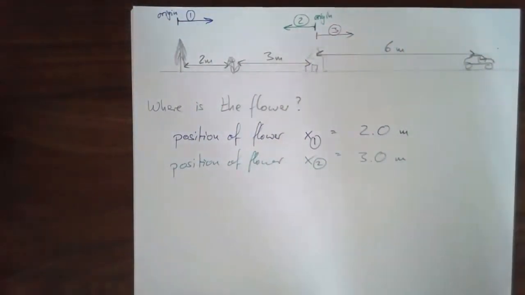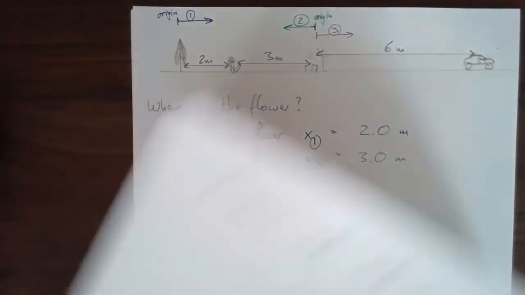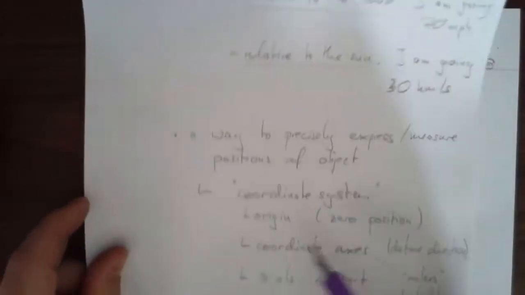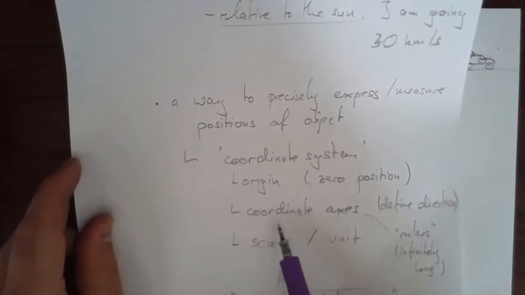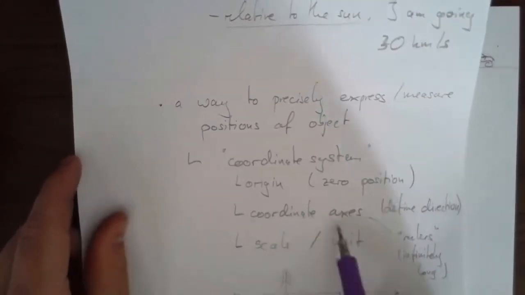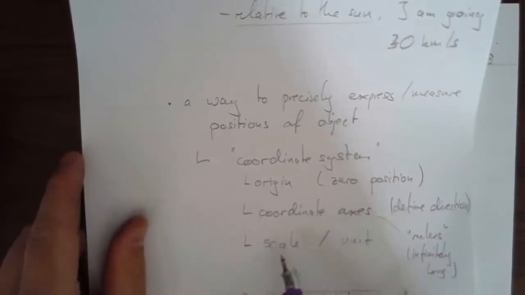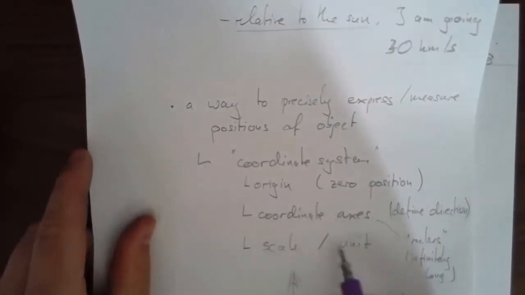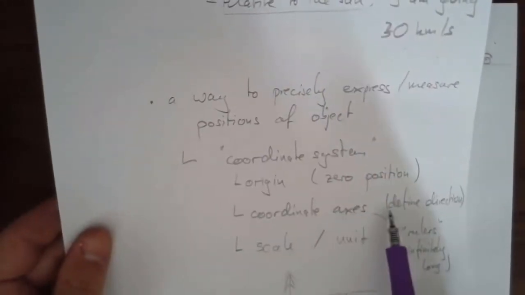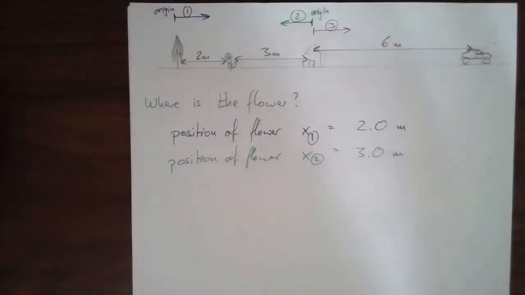So I've changed the direction, right? Remember from before, a coordinate system involves an origin, coordinate axes, and a unit. The unit has been meters this whole time. It's kind of the boring one. We're not going to change it. Systems 2 and 3 have the same origin, but different coordinate axes in different directions.